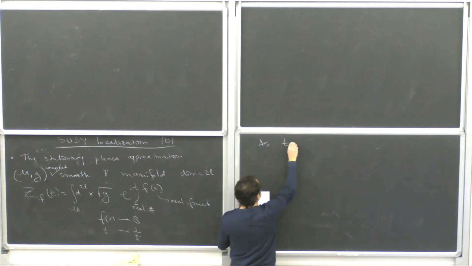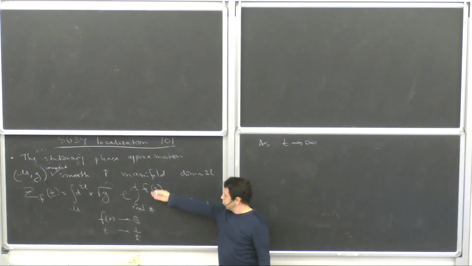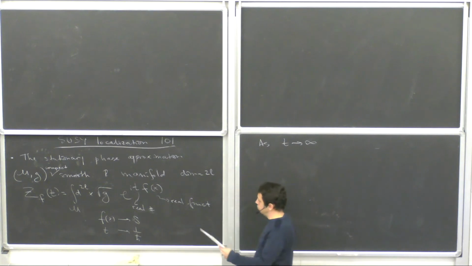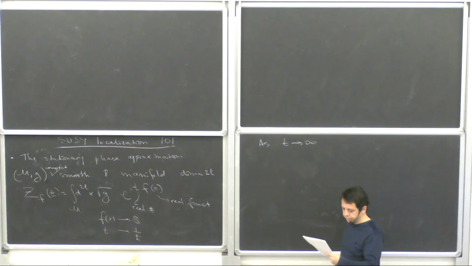As t is very large in this language, this thing oscillates rapidly. And the main contribution will be from the critical points or the fixed points, the stationary points of f.